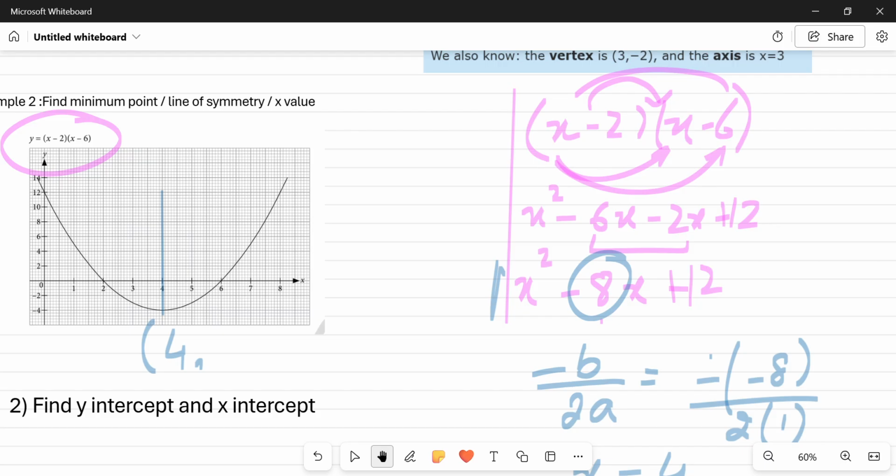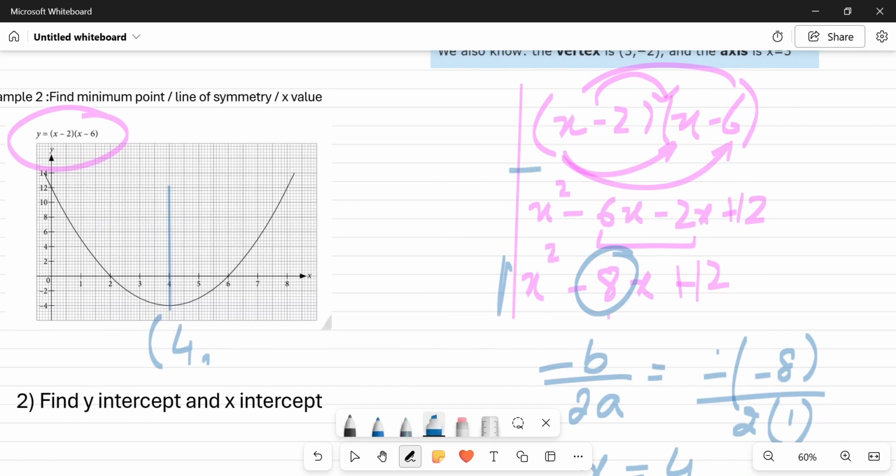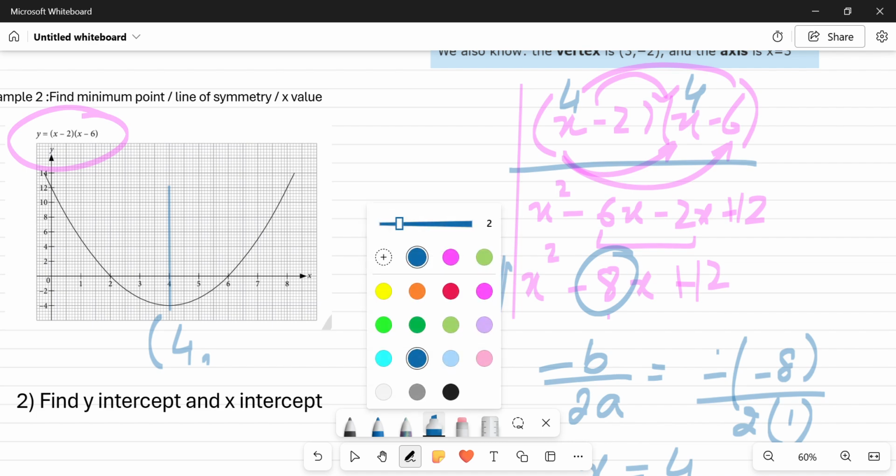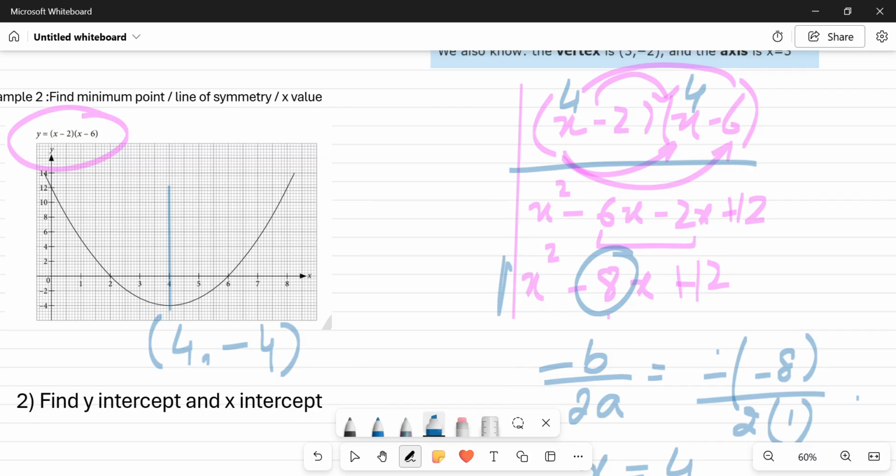We got 4, so 4 minus 2 is 2, and then again 4 minus 6 is minus 2. So 2 multiplied by minus 2 gives you minus 4. So check here: is the y value minus 4? Yes, the y value is minus 4.